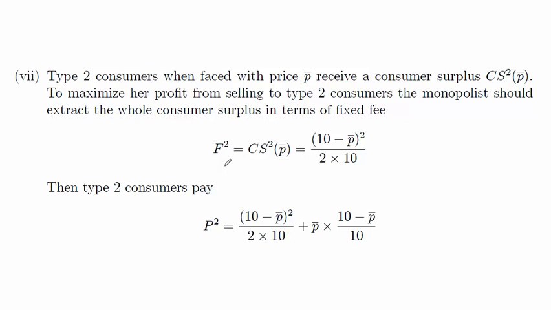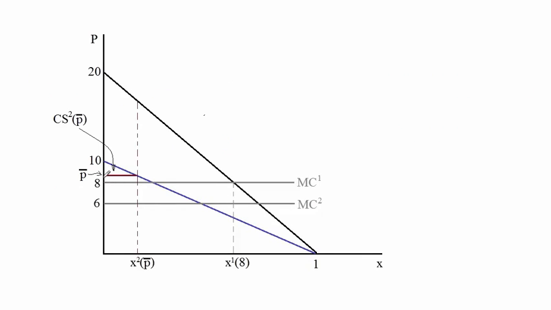Recall that if the monopolist charges P bar, a variable fee, and multiplies by x2 of P bar, he gets this revenue, this rectangle. Now what is the profit?